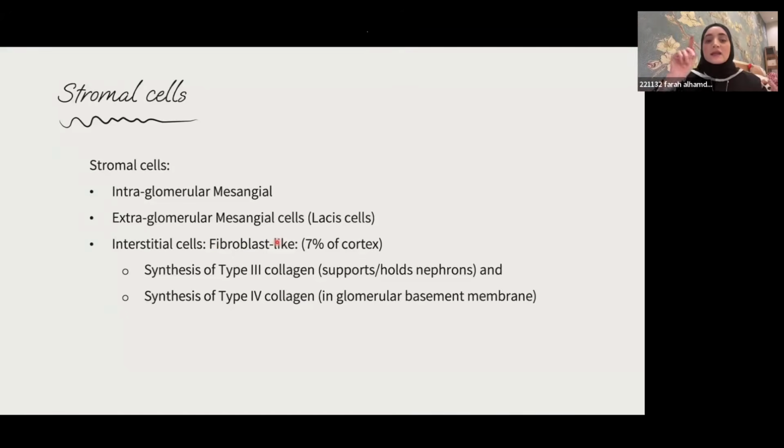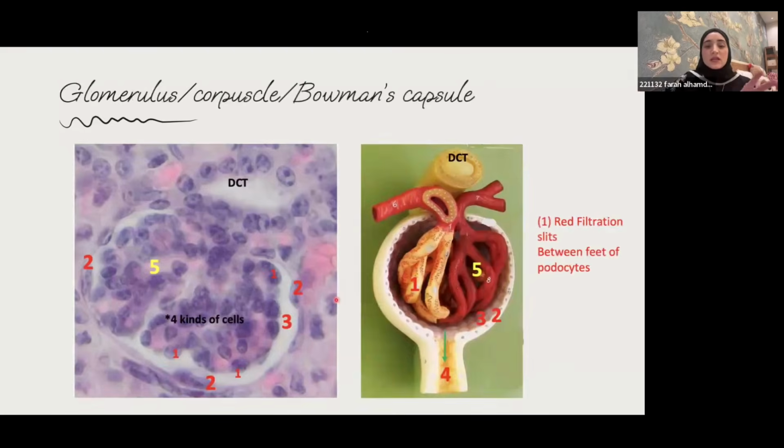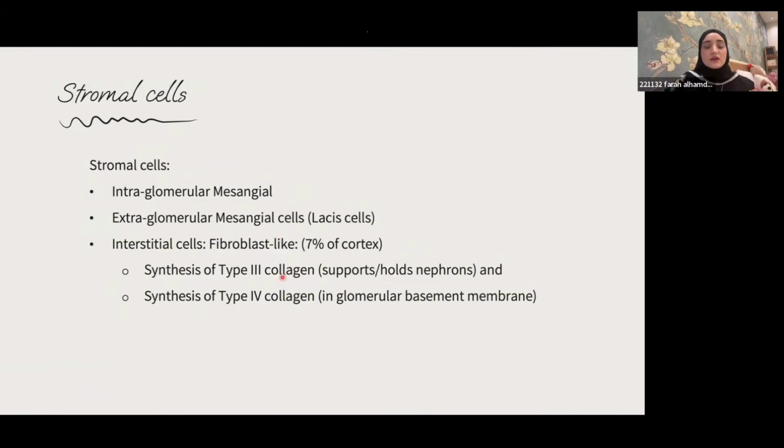They synthesize type 3 collagen and type 4 collagen. Type 3 is the more friable type of collagen, I guess, and it's just to hold and support the nephrons in place. Type 4 collagen is famous for the basement membrane. Wherever you see a basement membrane, this is type 4 collagen, and it is synthesized by interstitial cells, which are fibroblast-like cells.